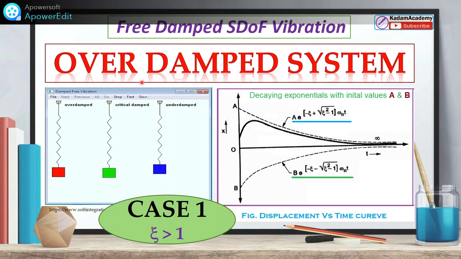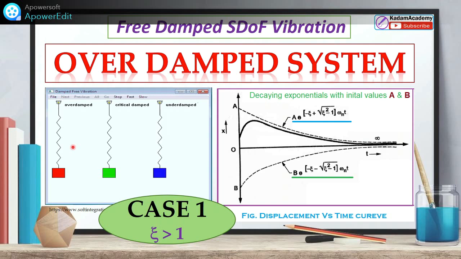Dear friends, already we have studied the linear and viscous damping. Under this viscous damping or linear damping, we have studied three cases. When we solve the equation for the solution of free damped vibrations, the solution has three cases with respect to zeta, the damping factor.